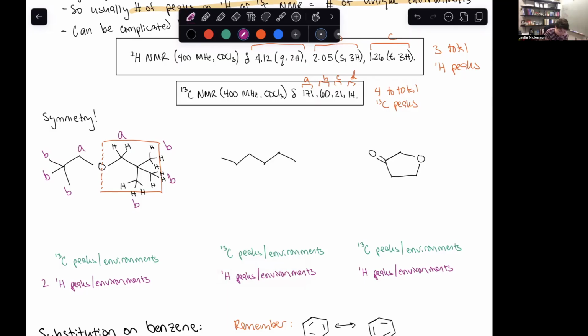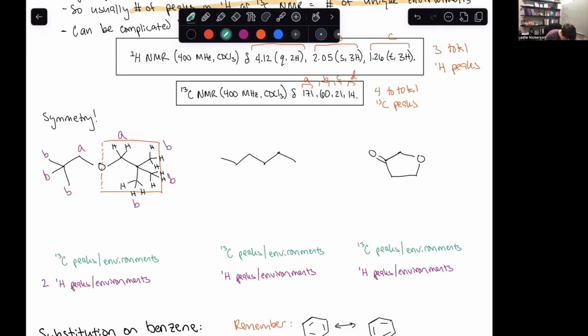If we do a similar type of analysis for our carbons, we're seeing again that same little box is mirrored on the other side. So we've got a carbon here, a carbon there, and then we've got these 3 carbons. This carbon doesn't have a match in the box, and this one doesn't have a match in the box. But those 3 are going to be just like our H's, where because they're 3 on the same carbon, they're going to be rotating around.